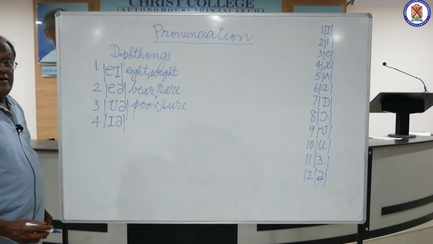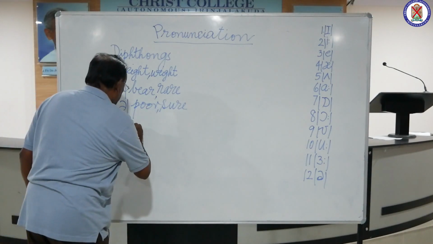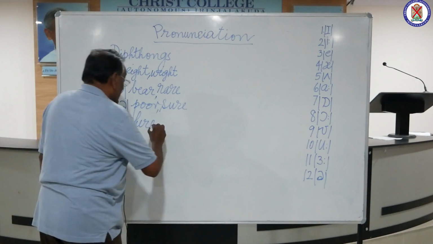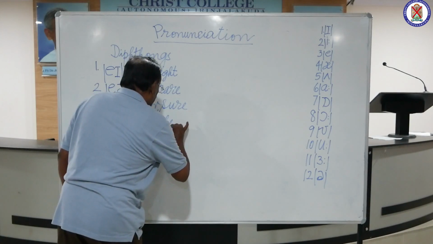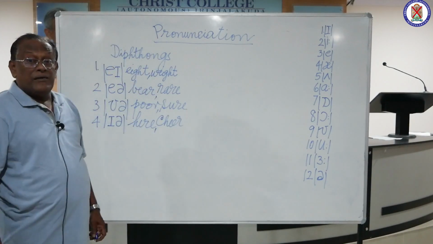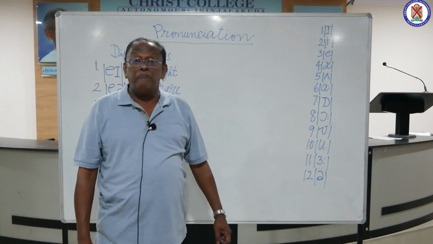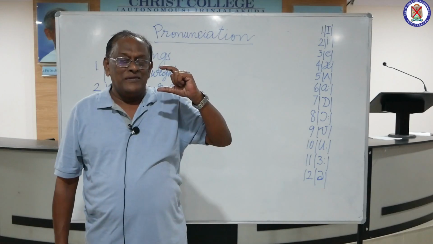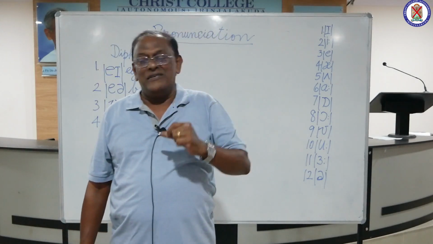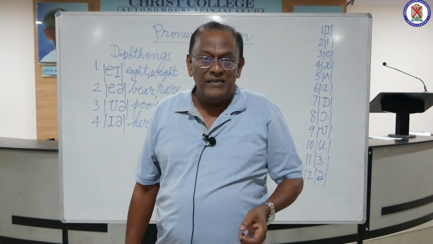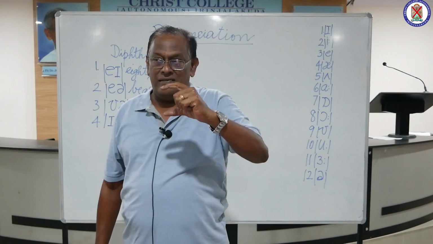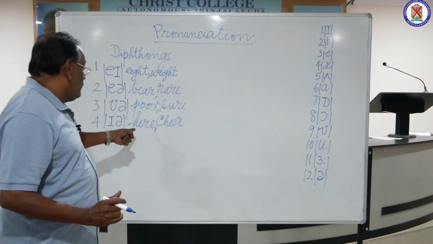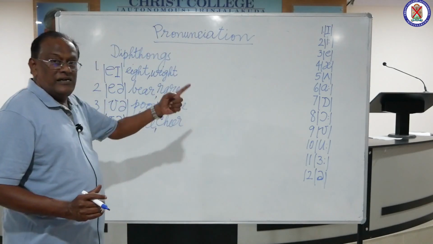You have this sound in words like here, C-H-E-E-R, cheer, B-E-A-R, beer. You have to listen carefully to the sound because some are confusing. This one is E plus ear, and you have the sound in words like here, cheer, etc.